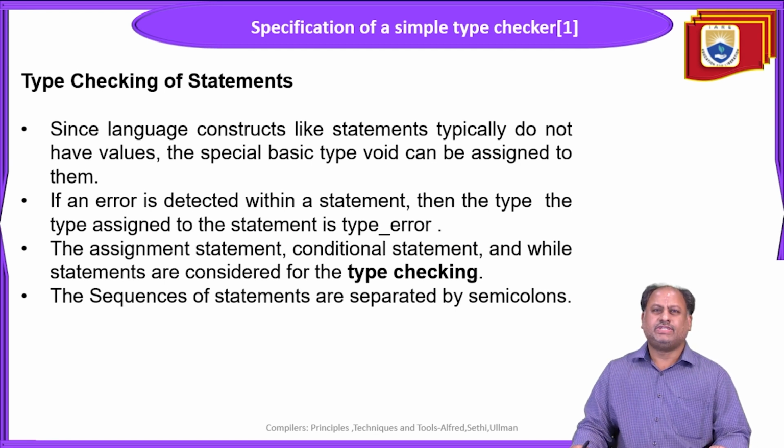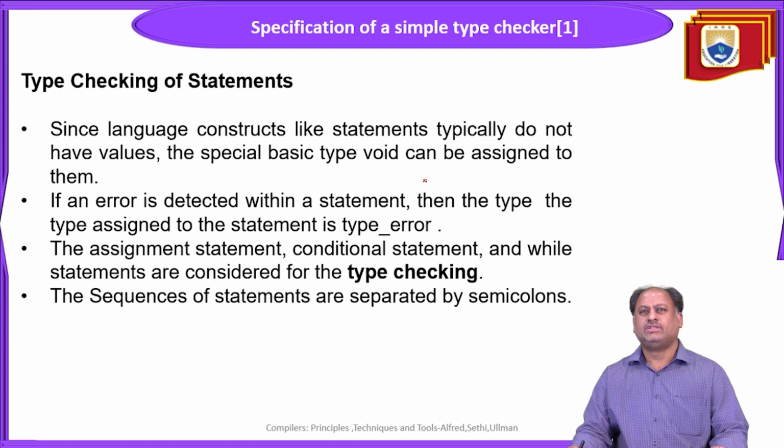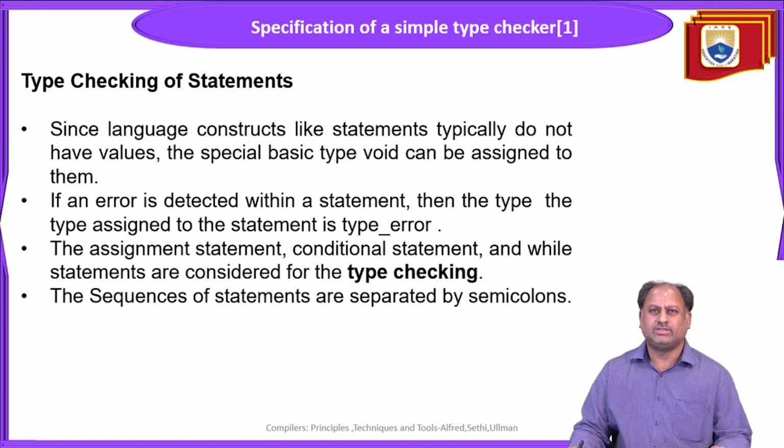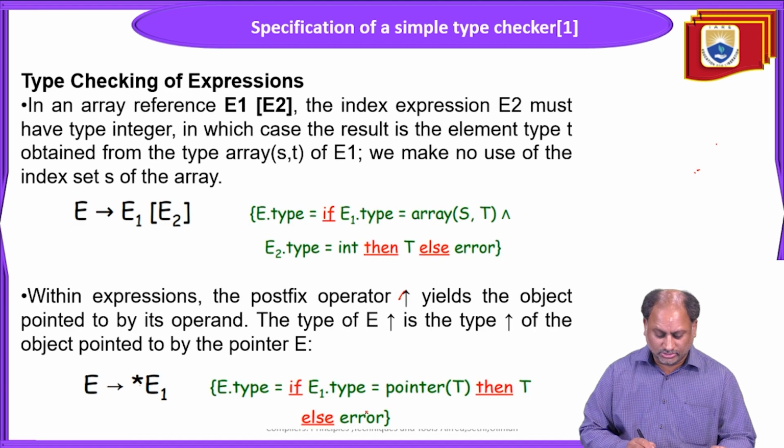Type checking of statements can be implemented like expressions. We use language constructors, and a basic type is assigned in order to handle the special case. If an error is detected in the statement, then the type is assigned type underscore error. In the previous examples we have also seen type underscore error.